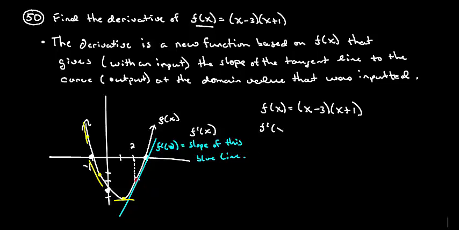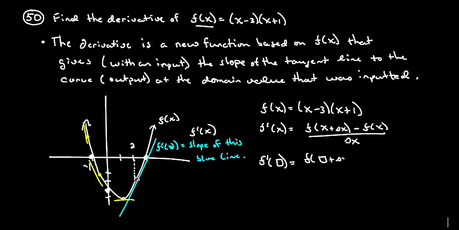So f prime of x is going to be equal to f at x plus delta x minus f at x over delta x. And if you're saying to yourself right now, where did x0 go? We were using x0 before. Guys, it doesn't matter. Look, f prime at something is equal to f at something plus a little bit minus f at something over a little bit.